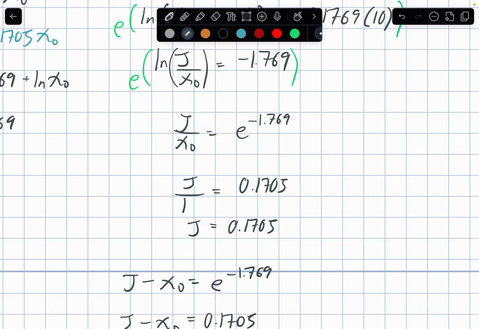Therefore, coming from 100% minus 17.05%, we get what? 82.95%.